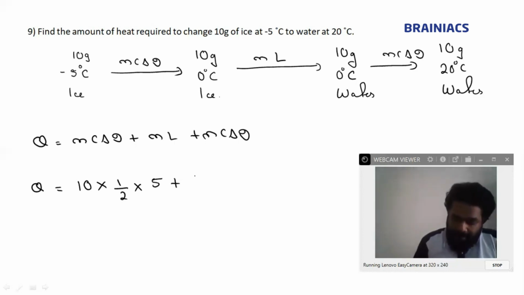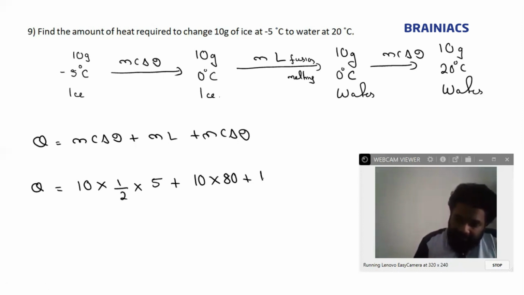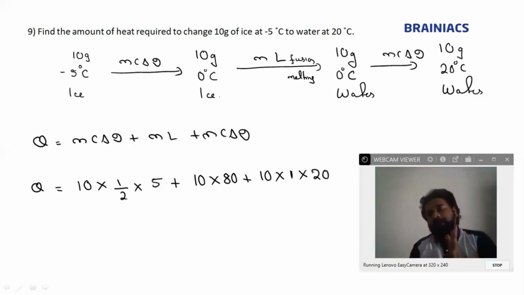Plus ML. So 10 into latent heat of fusion, or latent heat of melting, both are same. The latent heat of melting here is 80. Plus again 10 into the specific heat capacity of water, 1, into change in temperature, which is 20, since water at 0 degrees Celsius will become water at 20 degrees Celsius.